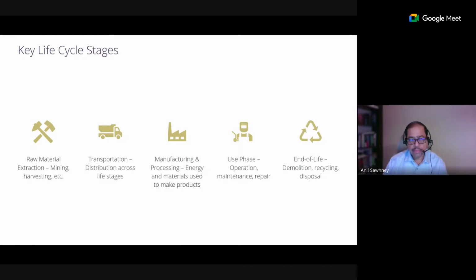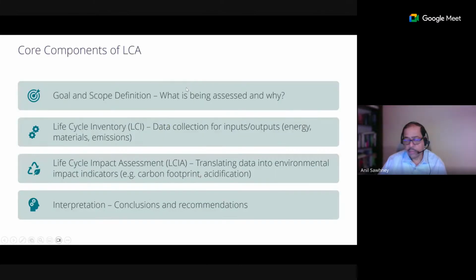So therefore, this is where we start talking about whole of life assessment of buildings and infrastructure. The core components of an LCA, broadly, irrespective of which sector you're working in, are first to define the goal and the scope of your assessment.